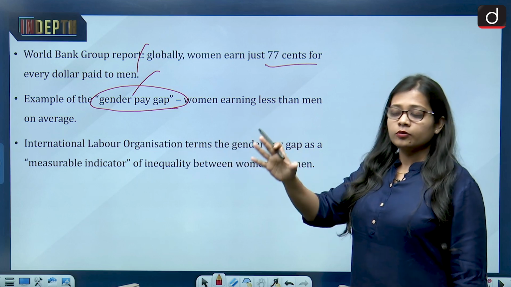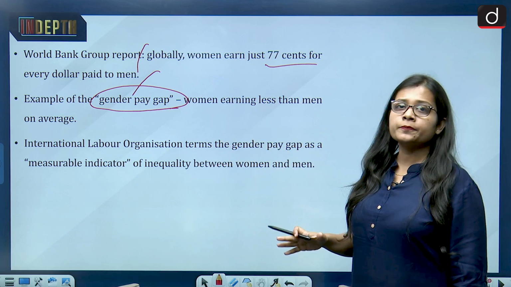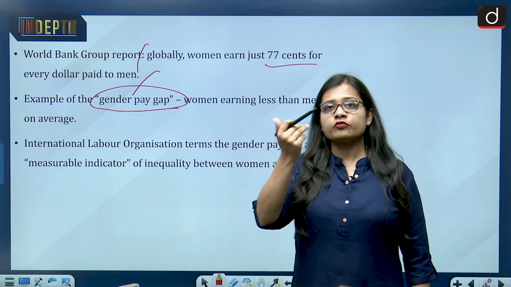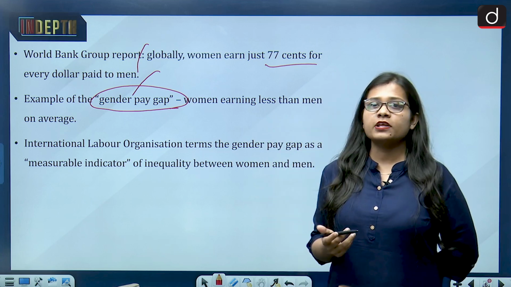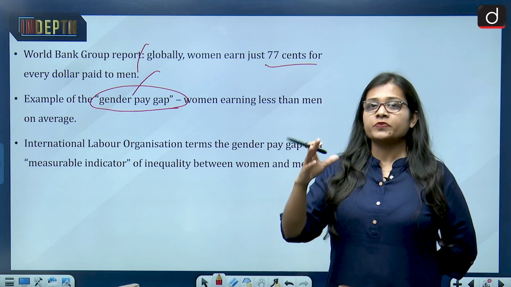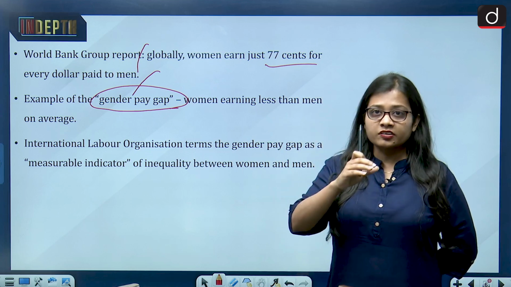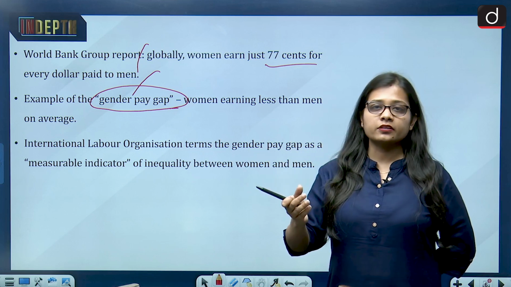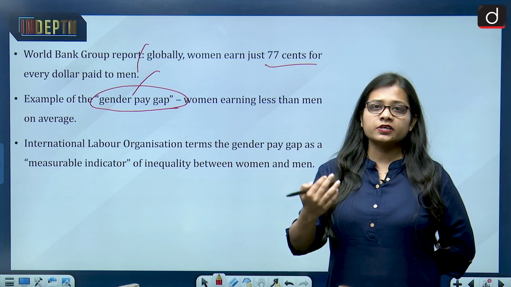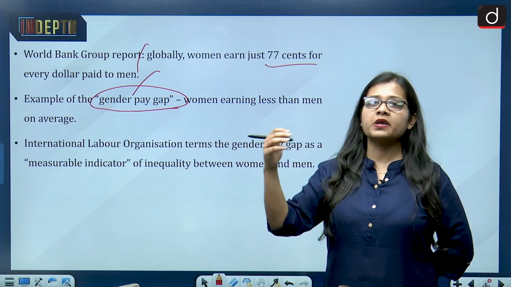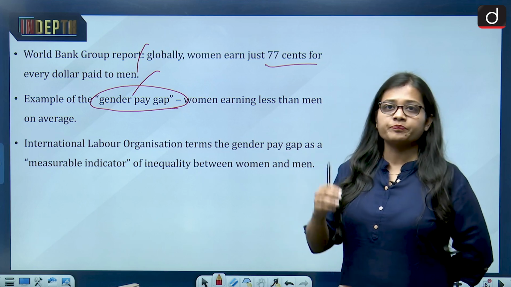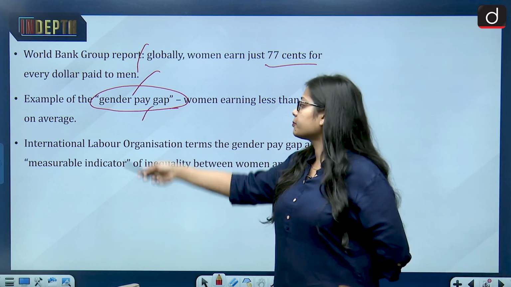On a daily basis also you will hear a lot that if you talk to any of your female friends who are working, whether they are receiving the same payment in their offices, on the same position, as their male counterparts. Many times we see that even on the same positions, males are paid much more than females are paid. That is what is called the gender pay gap.